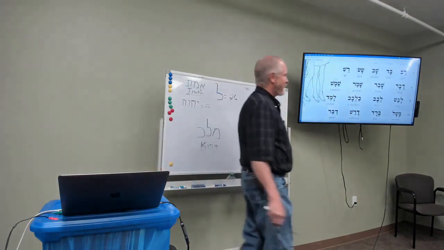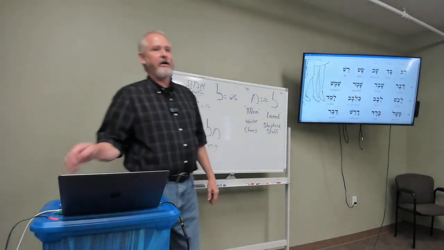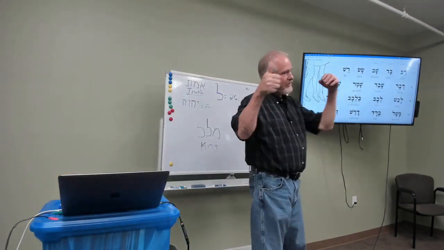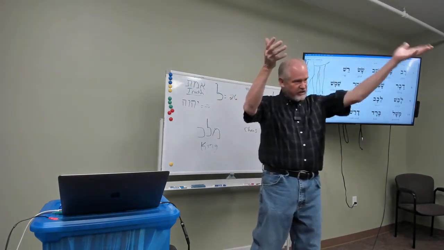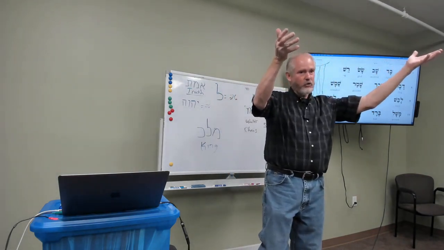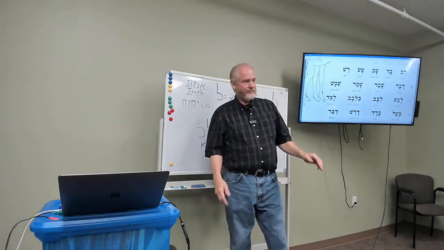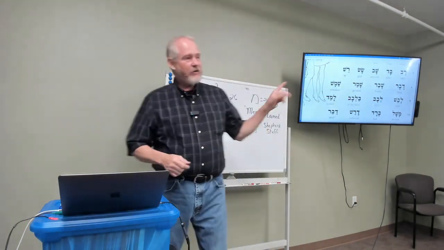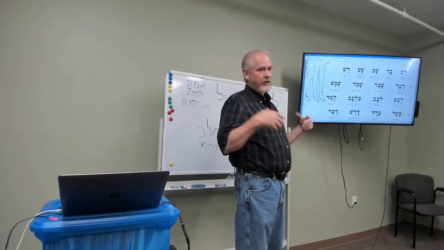So the L at the end. It's really cool because put those together, because we know he works in threes. You got Bereshit, Kal Israel. In the beginning was all Israel. All those souls were there. Okay? That's how we know he's going to bring them all in. They're coming back. That's why everybody's being called right now.